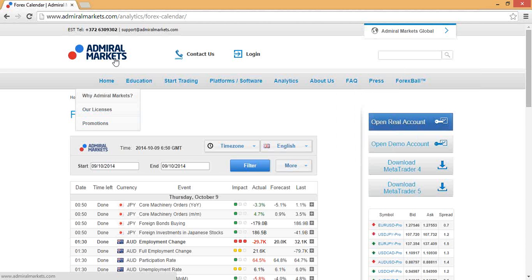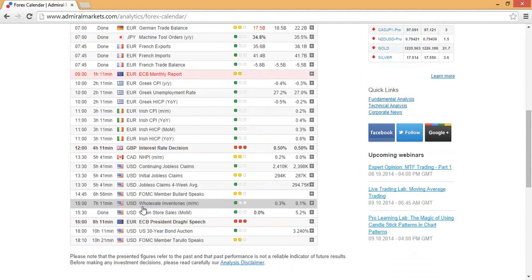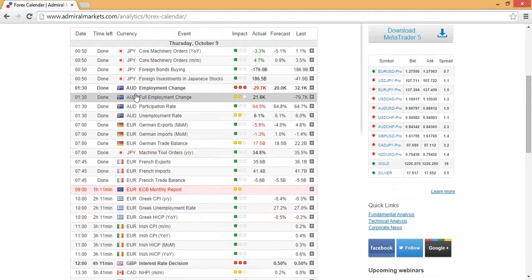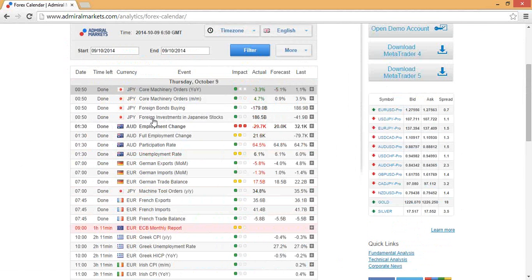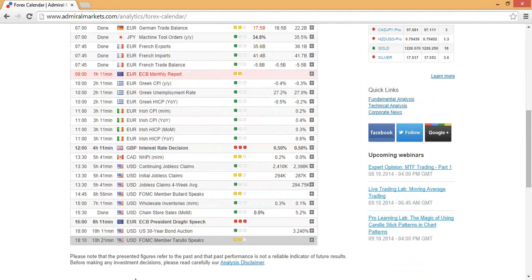That's what I read about it. Today: pound interest rate, ECB Draghi speaking, and that's about it. Aussie had a bad employment change, so that's why the Aussie probably didn't do too well. Those things we definitely want to be cautious of.